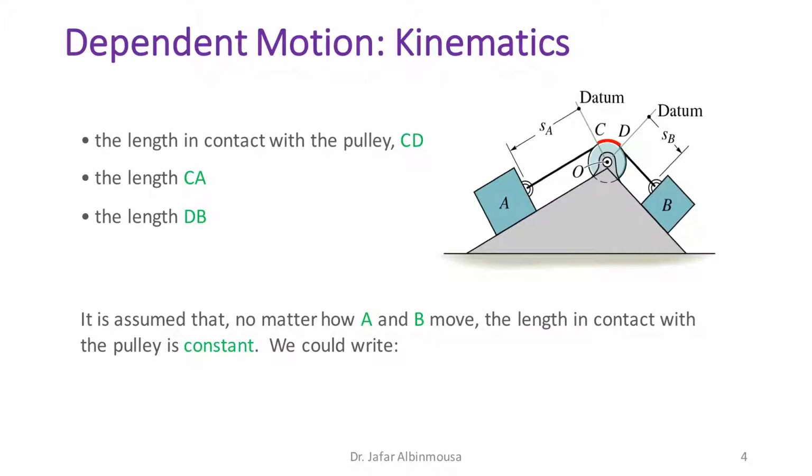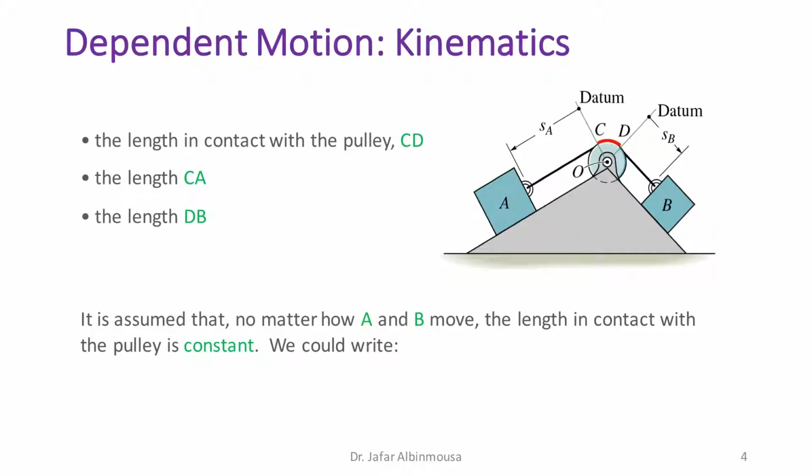Now we have indeed three lengths over here. The length A to C, the length C to D, which is marked with red, and the length D to B. So it is assumed that no matter how A and B move, the length in contact with the pulley is constant. That's the pulley. It's always constant.